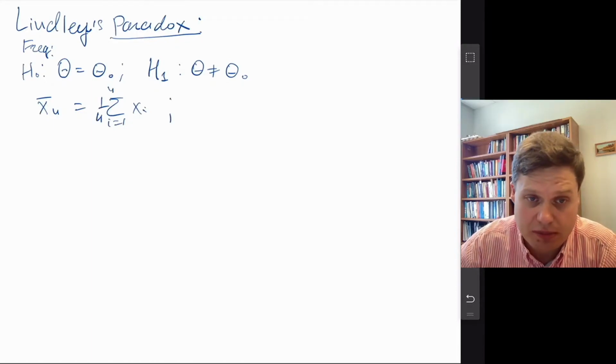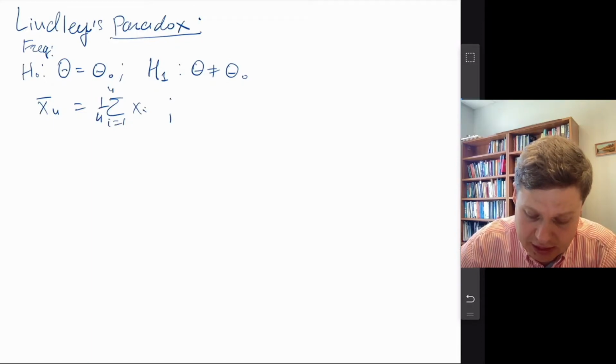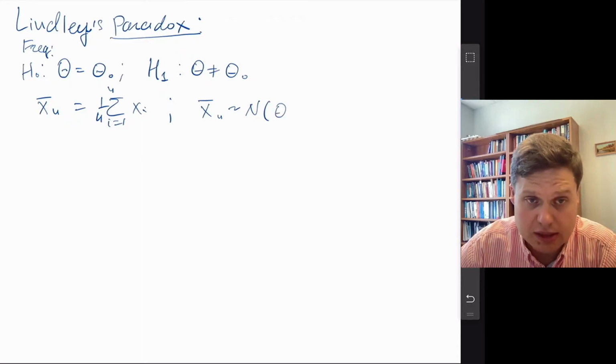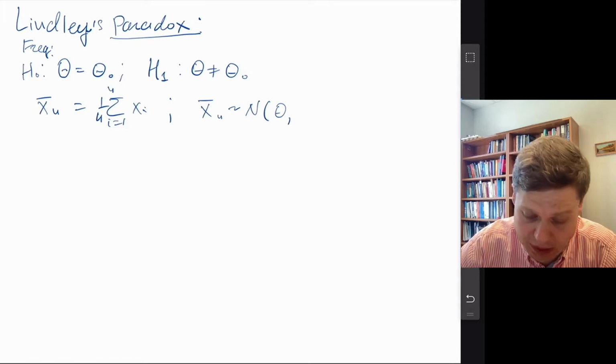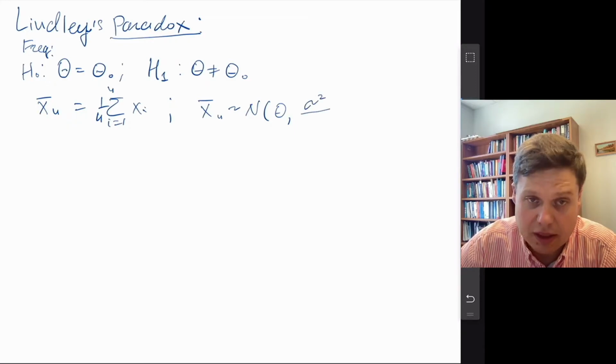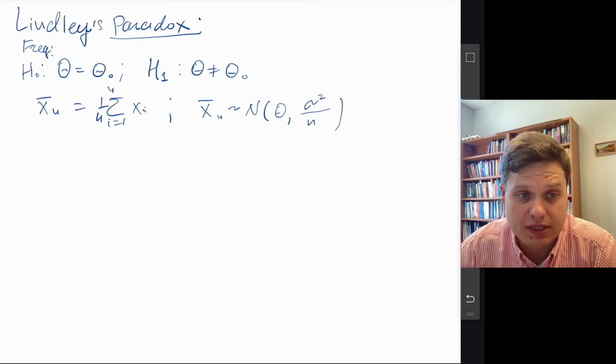The central limit theorem tells us that this average follows a normal distribution, centered at theta, the value that comes from the hypothesis testing, and the variance is the variance of the original data divided by n, where n is the size of the sample.